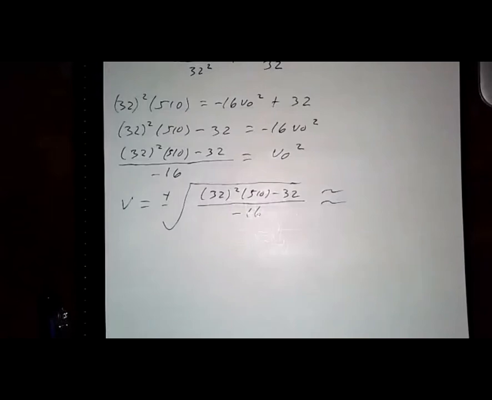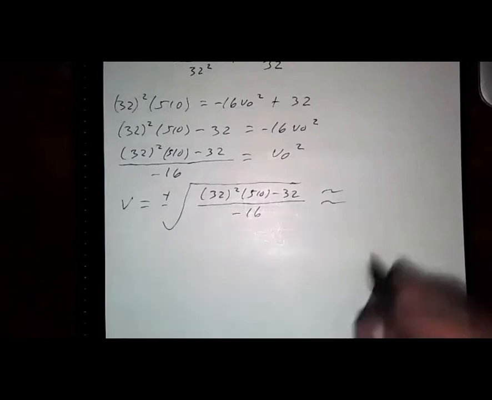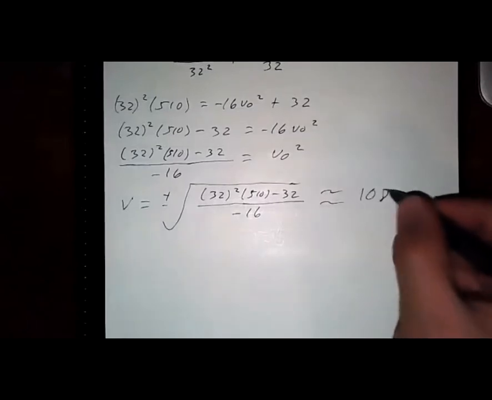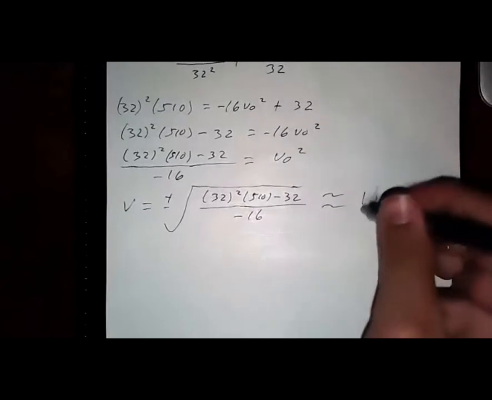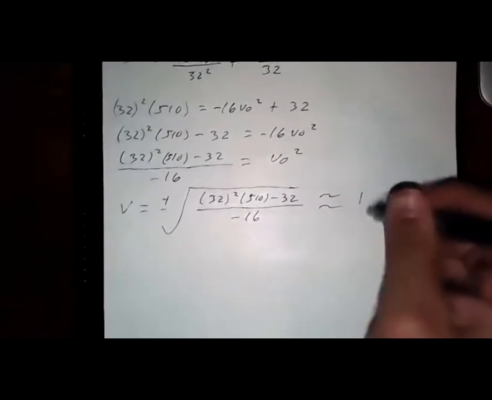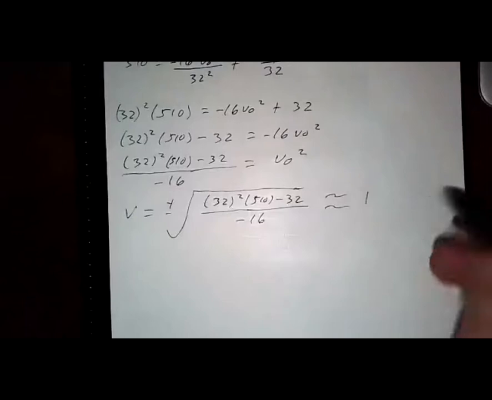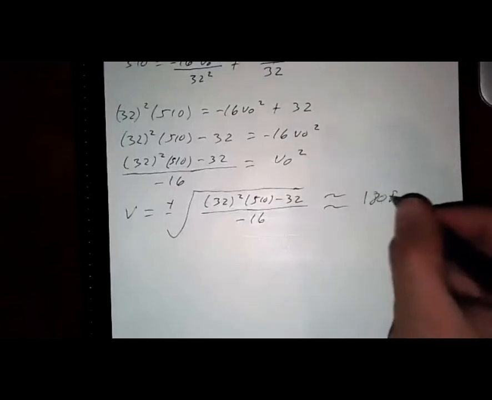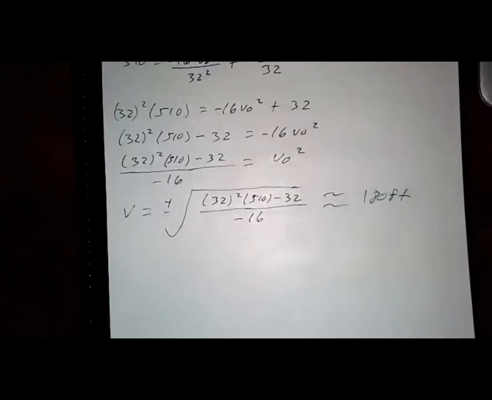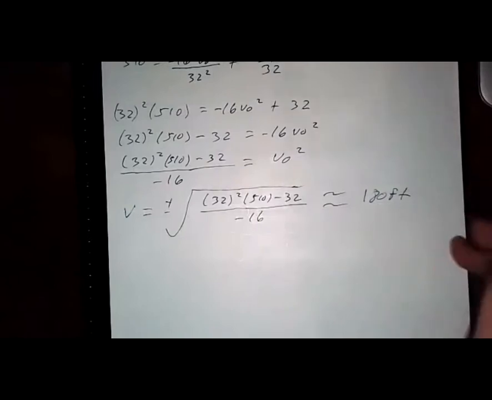Now it's calculator time, right? There should be two answers. One will be negative, so we'll take the positive. 180, damn dyslexia. 180 feet. This way round.